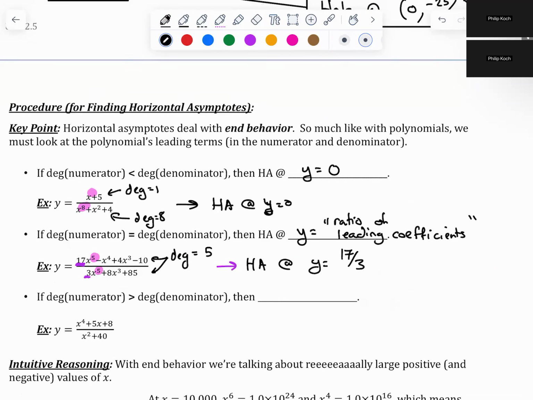The leading coefficient of the numerator is 17. The leading coefficient of the denominator is 3. And since they have the same degree, there's a horizontal asymptote at the ratio of those two leading coefficients, 17 over 3. If that was a negative 3x to the fifth, the HA would be at 17 over negative 3.